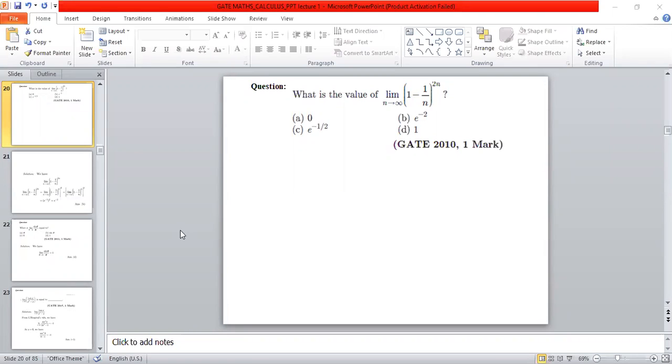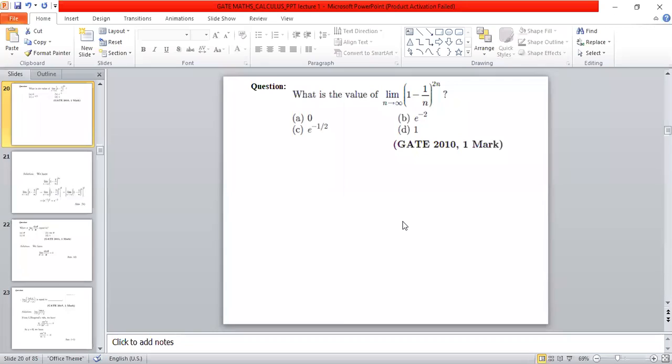Solve it, and once done, please tell me the answer. The correct answer is e raised to minus 2.